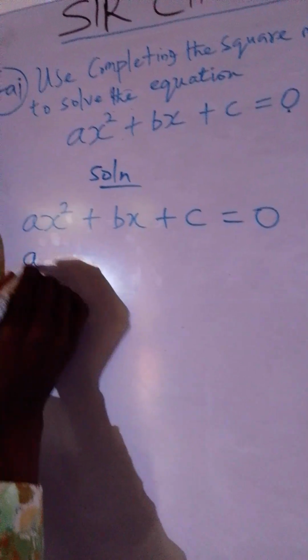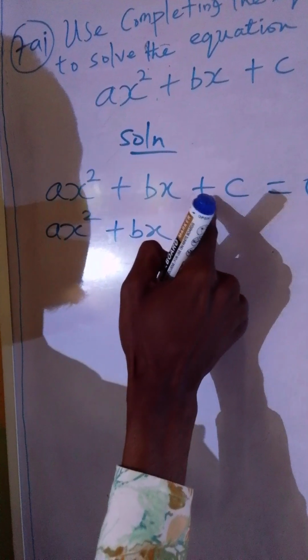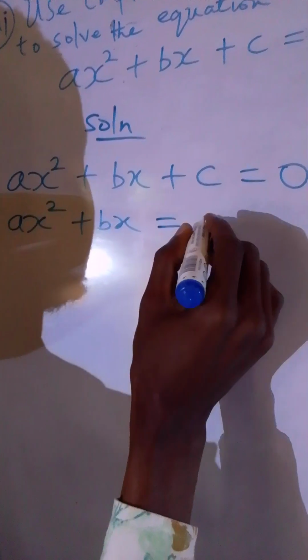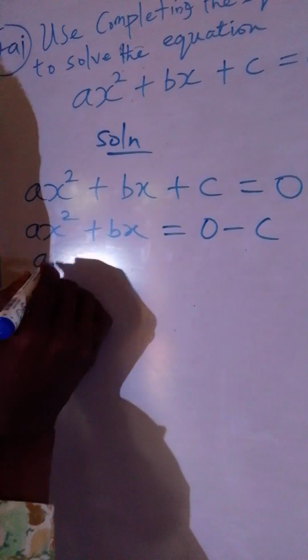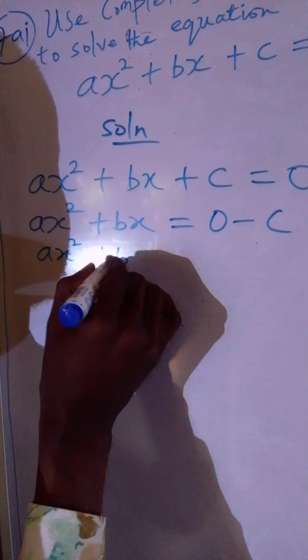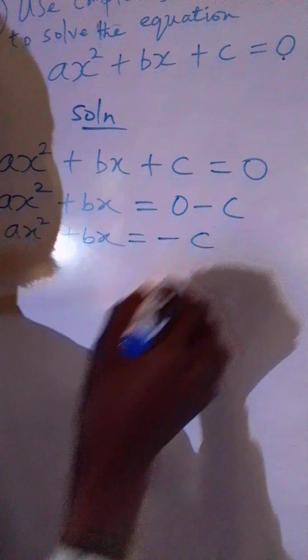So let's do that quickly. We have ax squared plus bx, then taking this plus c to this side, I have 0 minus c, that is ax squared plus bx equal to 0 minus c is minus c. So I'll just apply step 1.